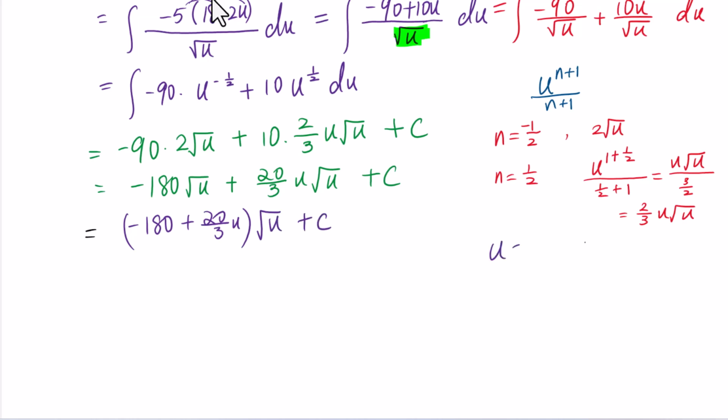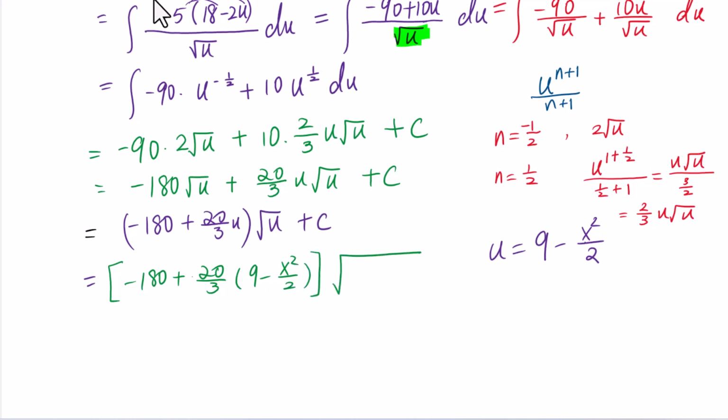Since u equals (9 minus x squared)/2, substitute back: negative 180 plus 20/3 times (9 minus x squared)/2, square root of (9 minus x squared)/2, plus c.